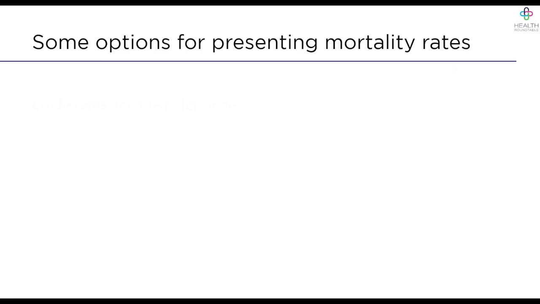So what are the ways that we might present mortality rates for in-hospital mortality? The most basic, of course, is a crude rate where you just take a number of deaths in a patient cohort and divide it by the number of episodes. So here, by episode, I mean an admission, a hospital admission, essentially. There are a number of limitations of doing this.